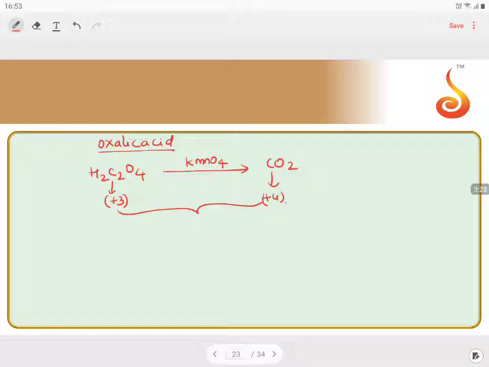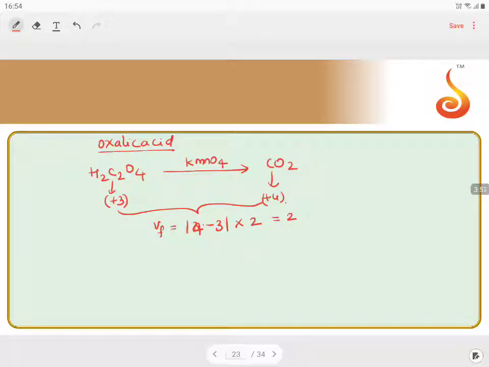So the valency factor is equal to the change in the oxidation state, that is 4 minus 3, multiplied by the atomicity of the atom undergoing the change in oxidation state, 2. So 4 minus 3 is 1, and 1 multiplied by 2 is 2. This is the valency factor of oxalic acid.